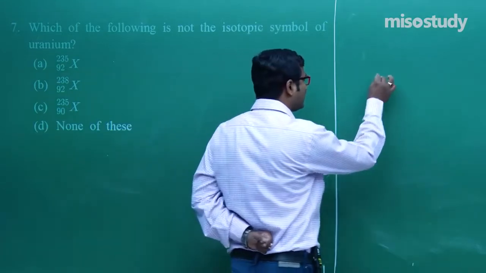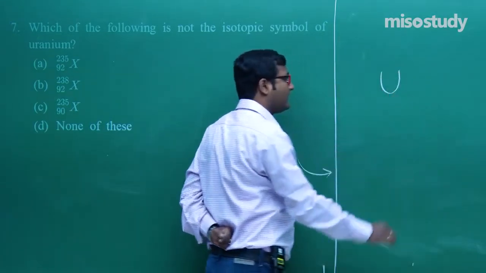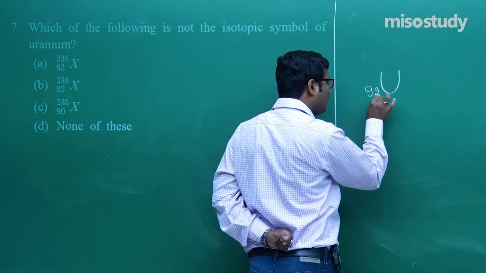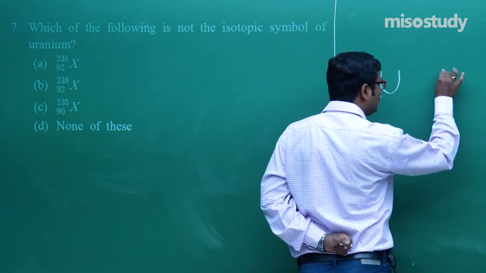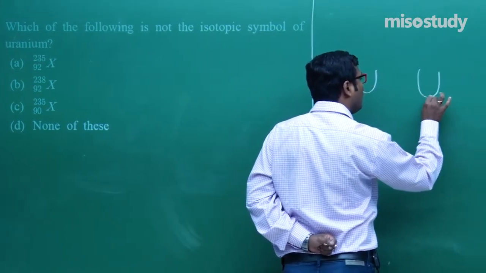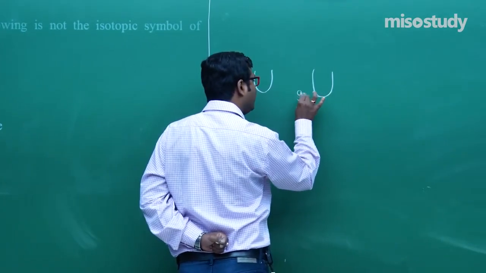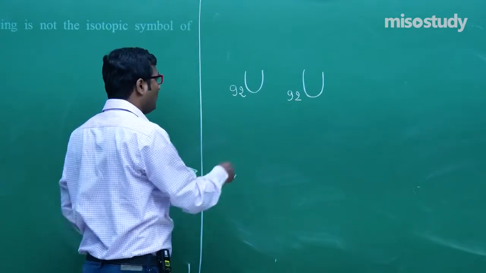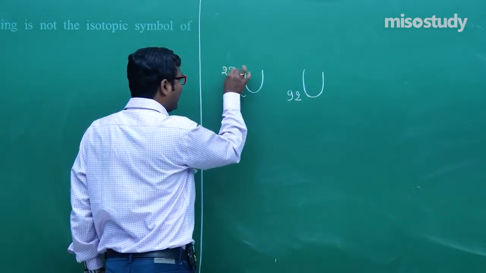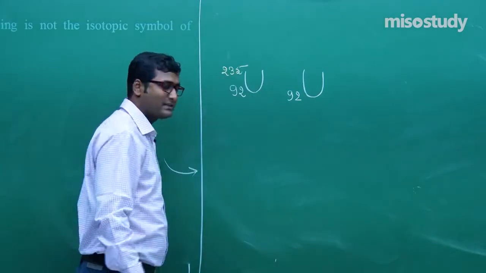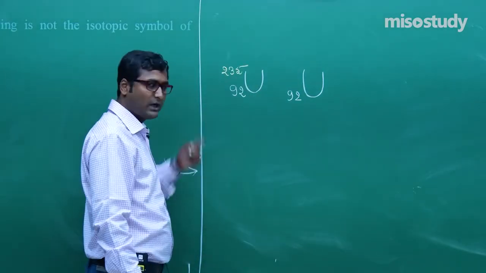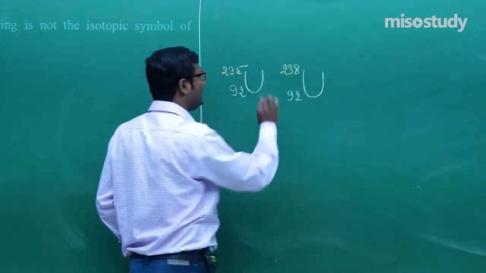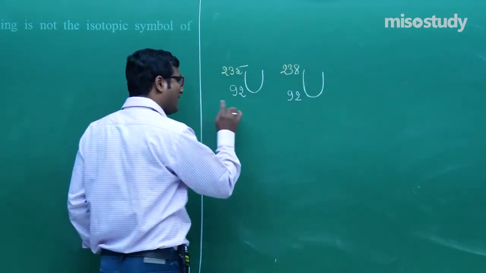As we know, the symbol of uranium is U. It has atomic number 92 and it exists in two isotopic forms, with 92 here also. Now we all know that one isotope has atomic mass number 235, then the other has mass number 238. Clear? What are isotopes?